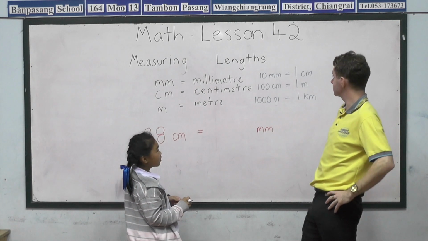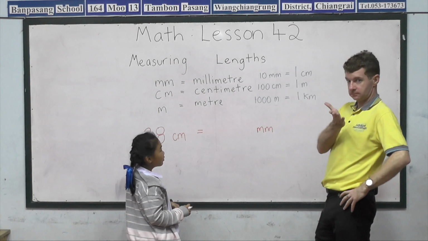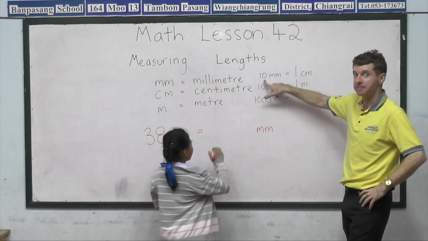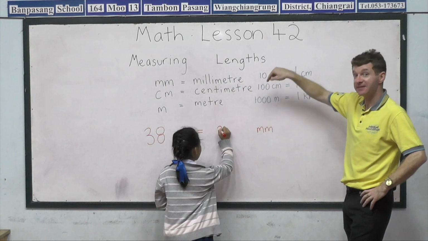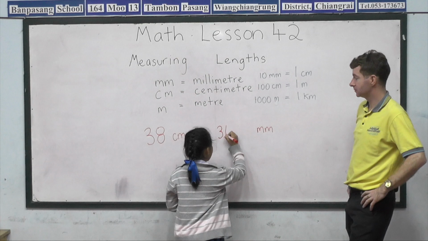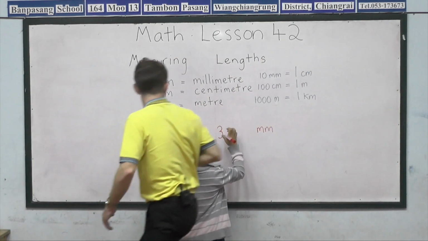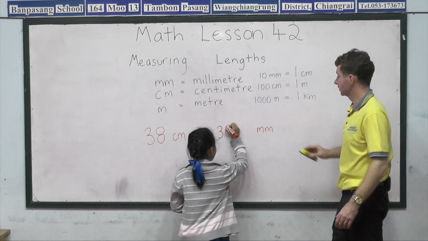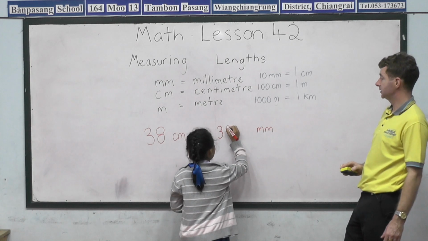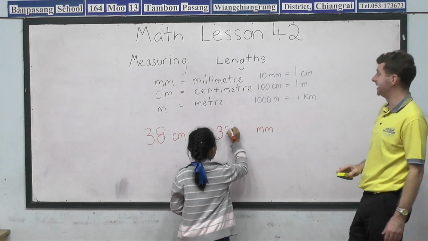38 centimeters. 380 millimeters. Listen to your friends. 1 centimeter is 10 millimeters. So 38 centimeters is 380.